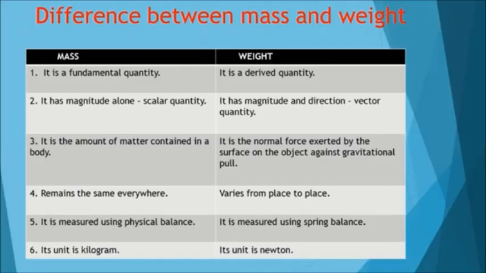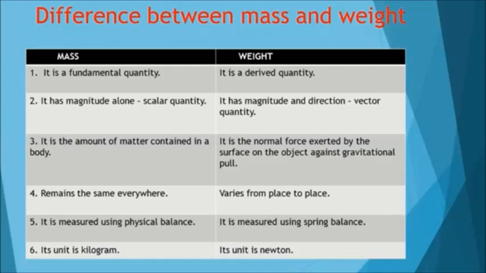So what is the difference between mass and weight? Mass is a fundamental quantity. Weight is a derived quantity. Mass has a magnitude alone, so it is called a scalar quantity. Weight has magnitude and direction, so it is called a vector quantity. Mass is the amount of matter contained in a body.